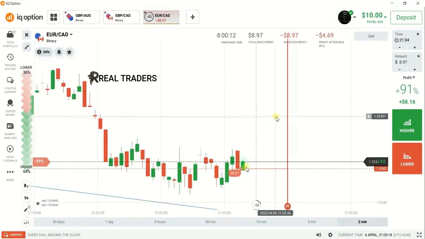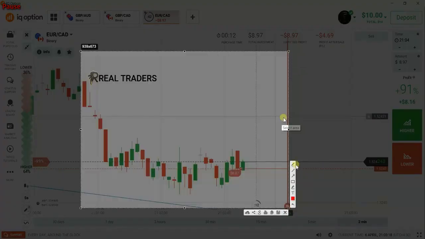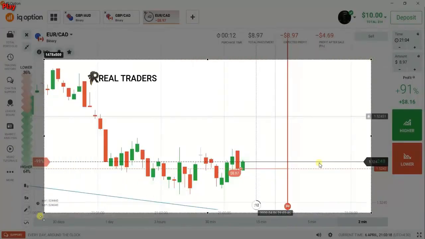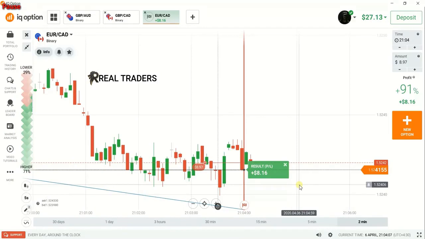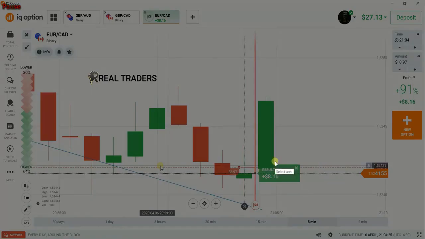But because of the bad market, you can see the 5-second also shows us the consolidation area. So it is a bad market. That's why I won this trade, because of my entry point and because of the bad market, I think.